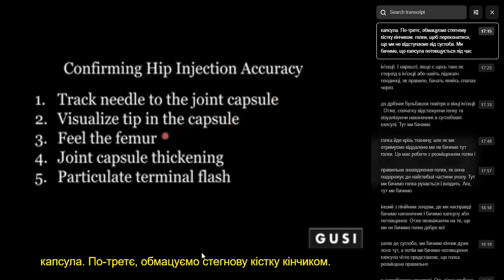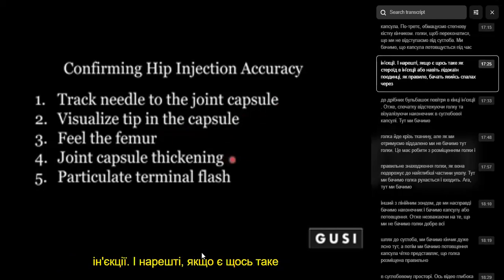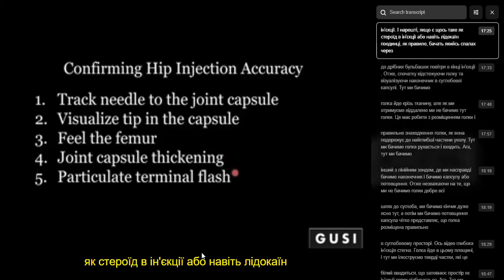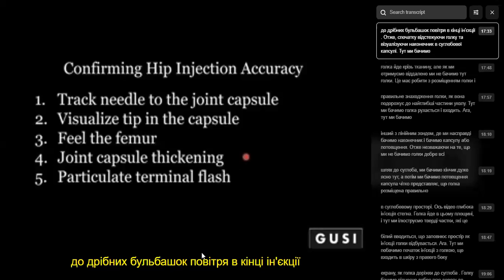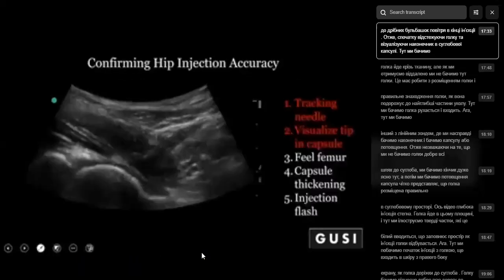Third, we feel the femur with the tip of the needle to ensure we're not backing out of the joint. Fourth, we see the capsule thicken during the injection. And finally, if there is something such as a steroid in the injection, or even the lidocaine alone, we'll typically see some kind of a flash due to small air bubbles at the end of the injection.